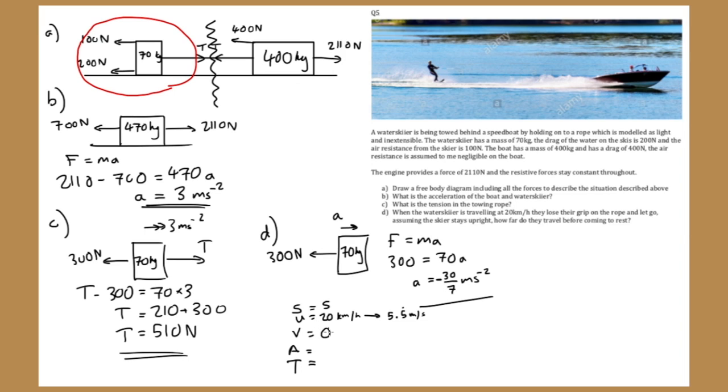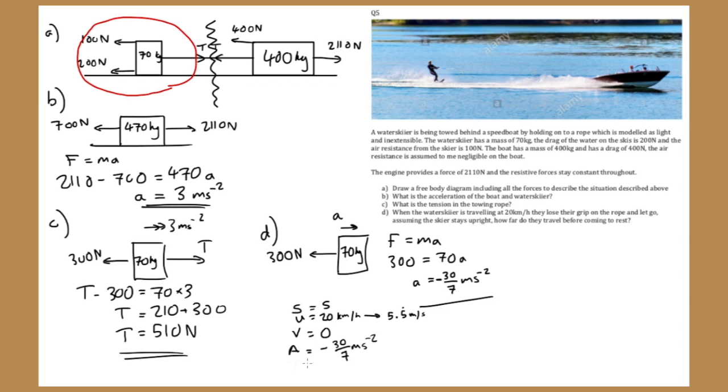V is 0 because we're slowing down to rest. The deceleration is minus 30 over 7. And we don't really need T, so let's just get rid of T.